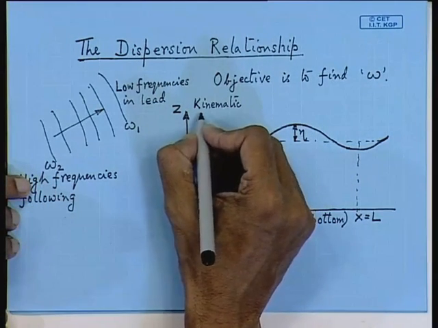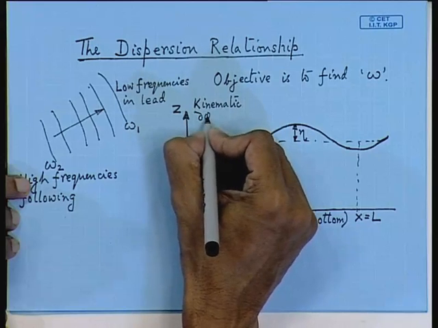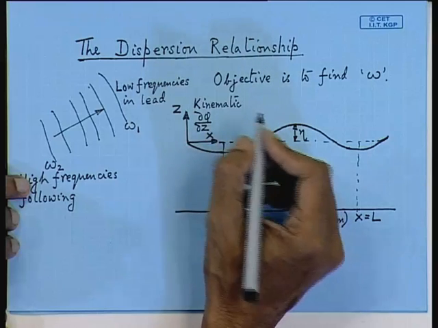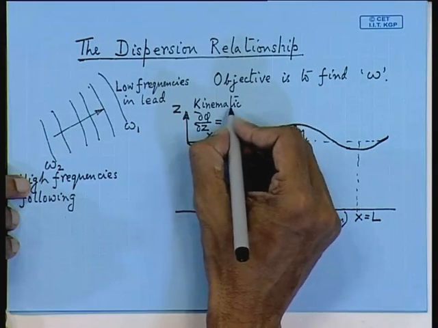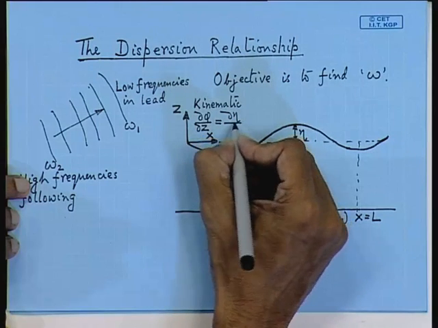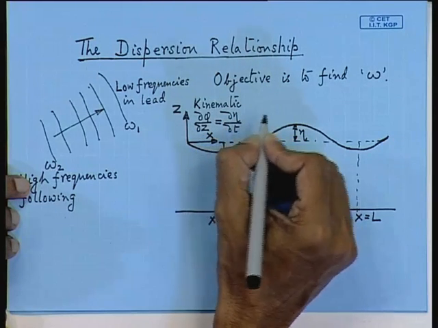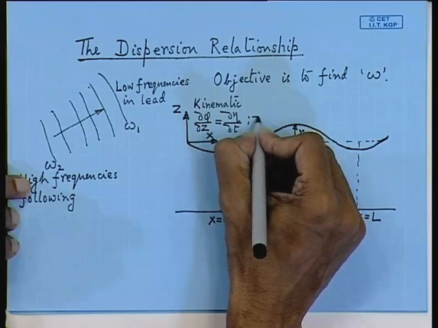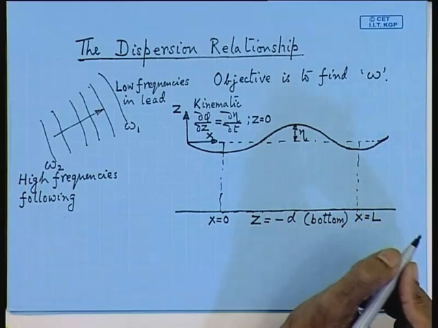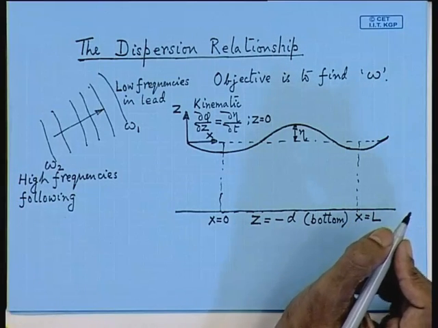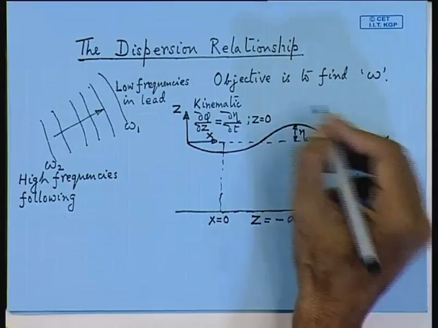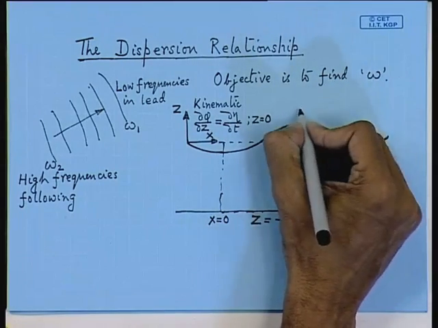That means delta phi over delta z, this is a velocity potential, will be equal to delta of your surface elevation, that is eta, with respect to delta time. This is the condition at z equals to 0. This is called the kinematic surface condition of the wave. In your wave mechanics class, you will come to know how they have derived this, and this is your water surface elevation.